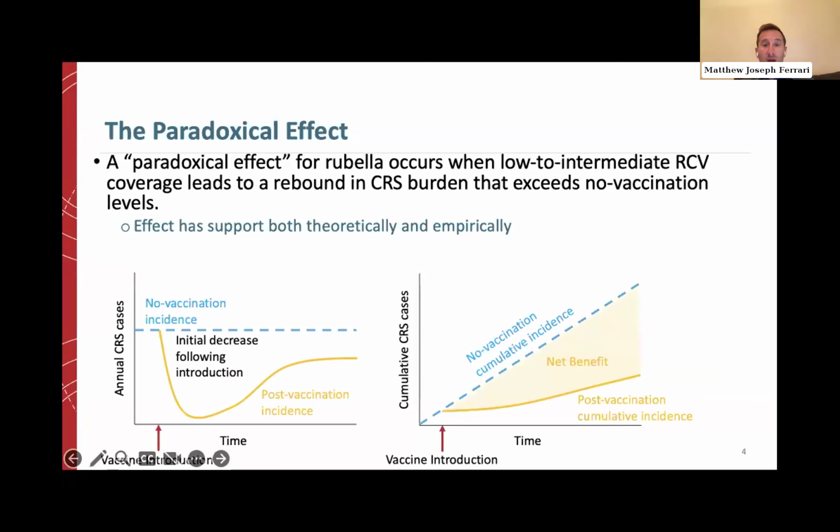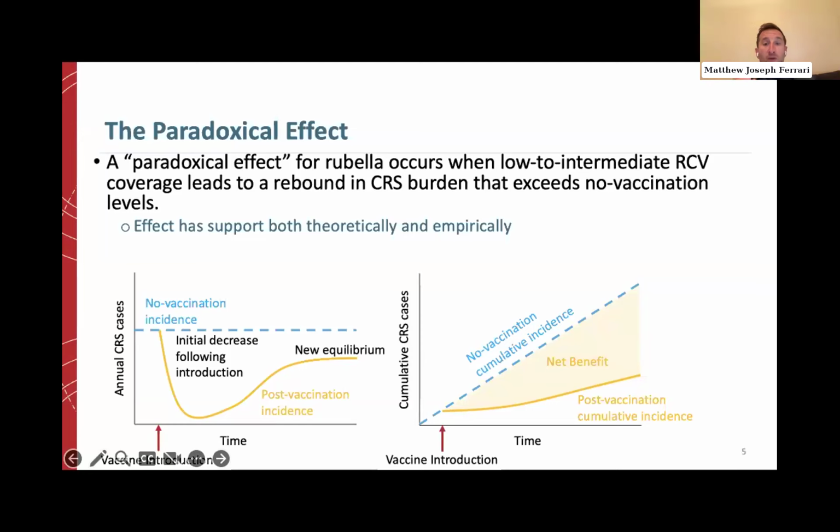Then when we introduce vaccination, we can see an initial transient decline in both rubella incidence and CRS incidence, which corresponds to slower cumulative incidence, a slower increasing line at the right. The difference between the no vaccination and the vaccination scenarios gives the net benefit in terms of CRS cases that are avoided over time. This initial decrease is a robust prediction of all models, regardless of the introduction scenario.